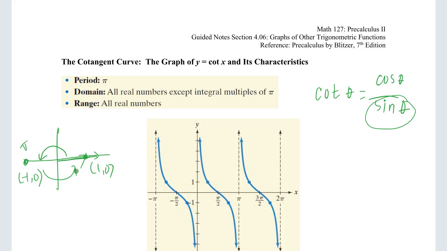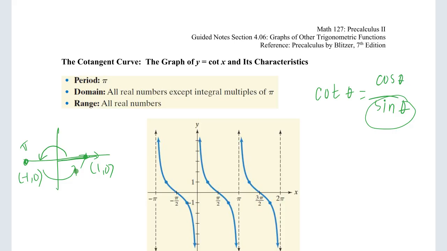So as we study the graph, focus on comparing it to the tangent graph and identifying both the similarities and the differences. We will be doing exactly the same steps as in the previous function.